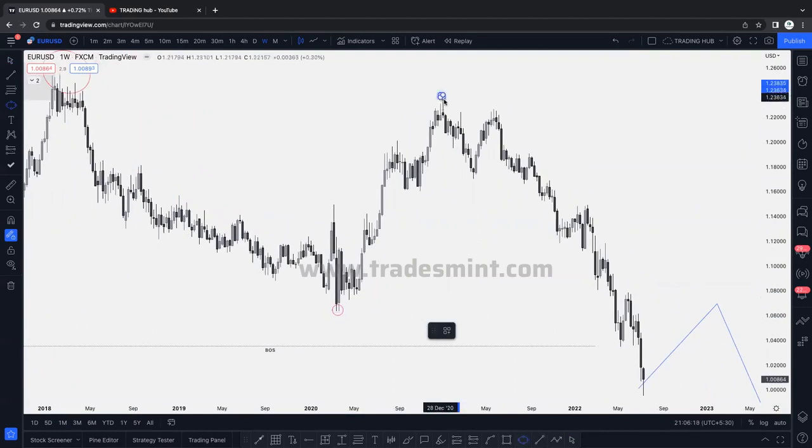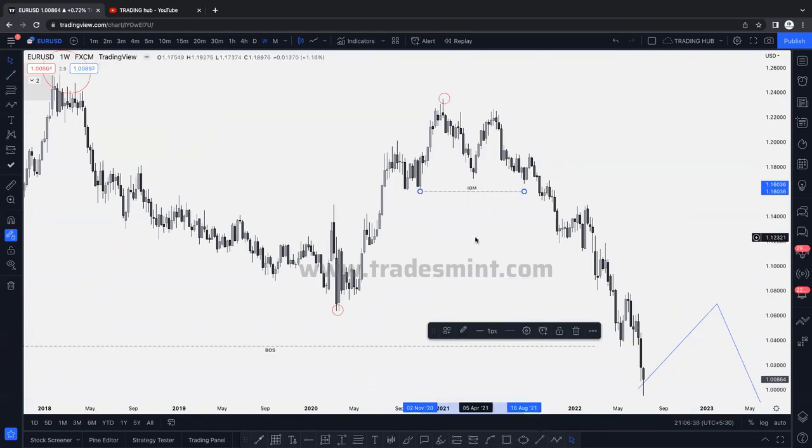And the major high is here in a weekly perspective, because between this high and low, market did not take any low, correct? So this is not our break of structure. This one is our inducement as per the weekly perspective, correct?